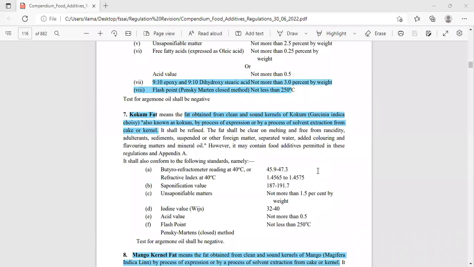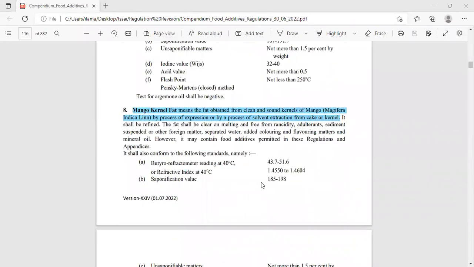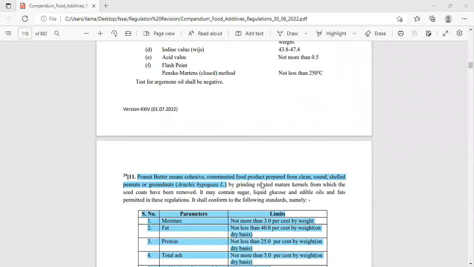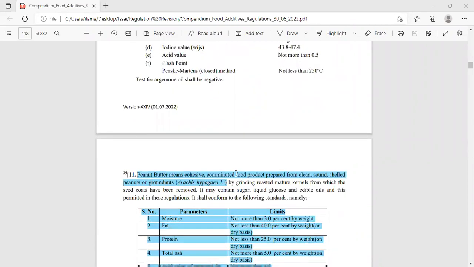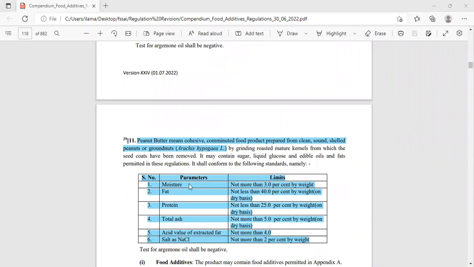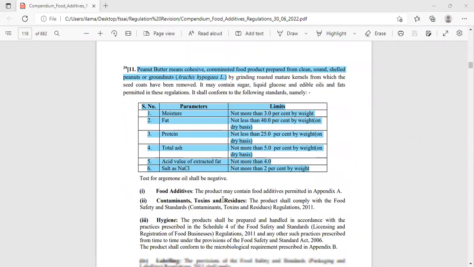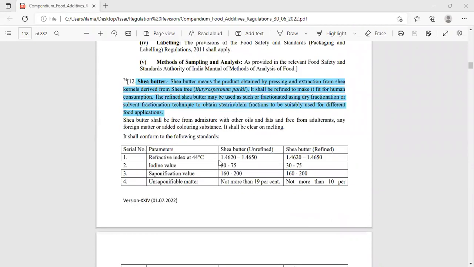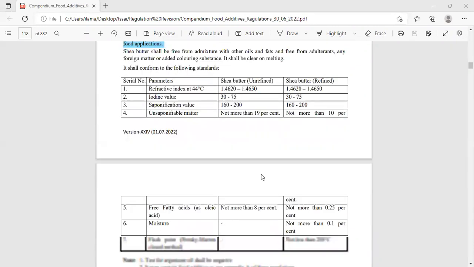And then just go through what kokum fat, mango kernel fat, dhupa fat, phulwara fat, and peanut butter are. Go through what peanut butter is and how much moisture and protein has to be present. And shea butter is a type of butter which is obtained from shea kernels. Go through its moisture content and other values.